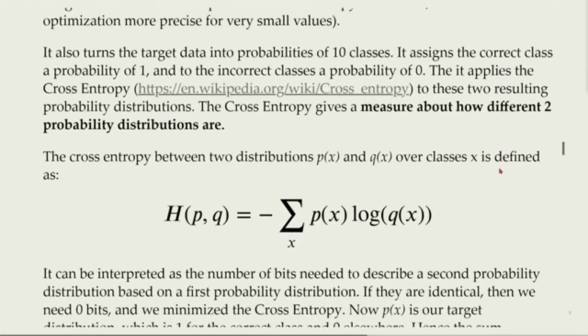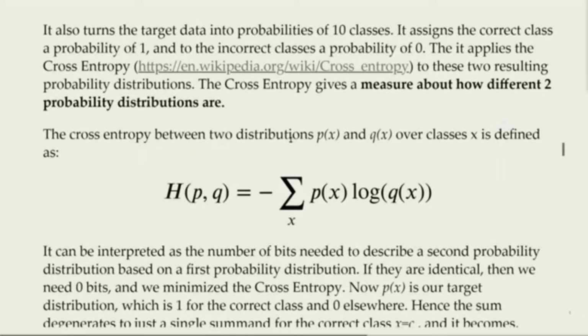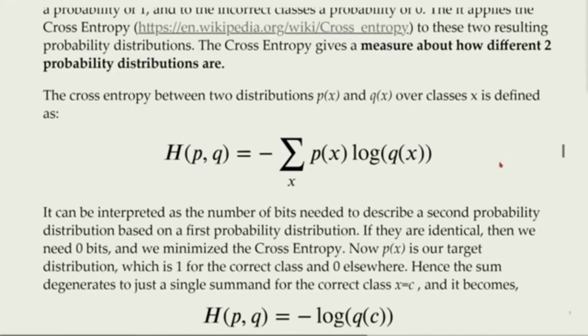The cross entropy gives a measure about how different 2 probability distributions are. So we see here that the cross entropy between 2 distributions, P of x and Q of x over classes x, is defined by this equation here. We have a minus the sum, and we have a logarithm. So here is the first distribution, the second distribution, and this is the cross entropy.